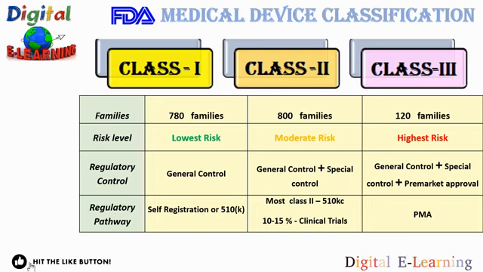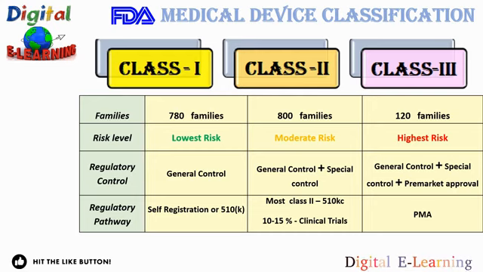Class 1 medical devices have the least amount of regulatory control, and there are approximately 1700 types of medical devices overall, out of which 780 fall under class 1, that is approximately 47% of medical devices. And out of these 780 families, 95 are exempted from the regulatory process.